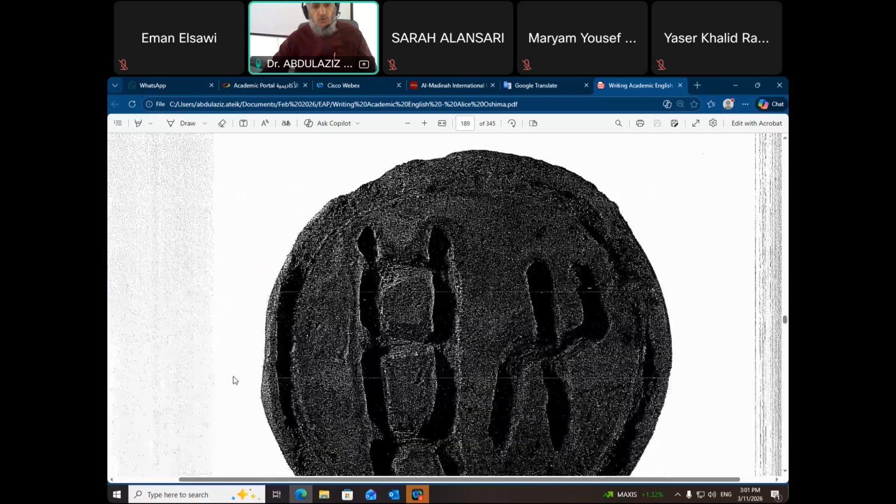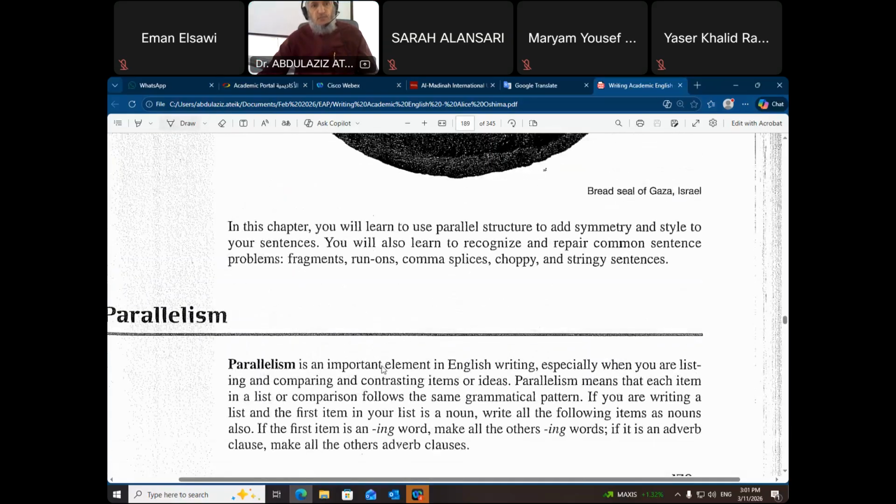Let me go to the first one, parallelism. When you have parallel lines, these are parallel lines, خطوط متوازية. Okay, so parallelism means التوازي. This is called التوازي اللغوي أو اللساني. Okay.